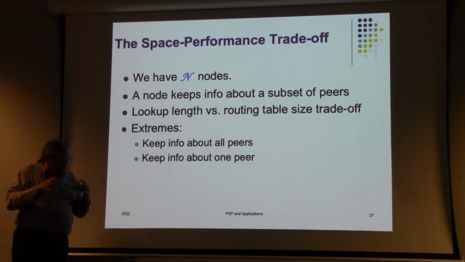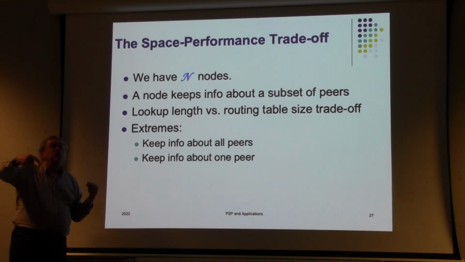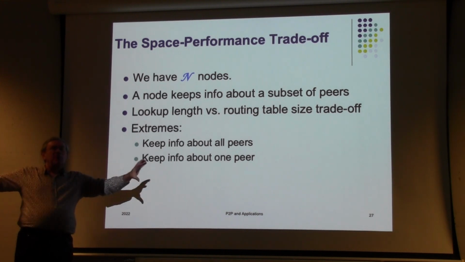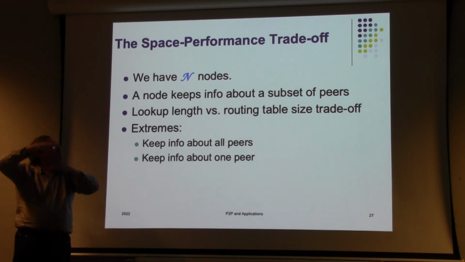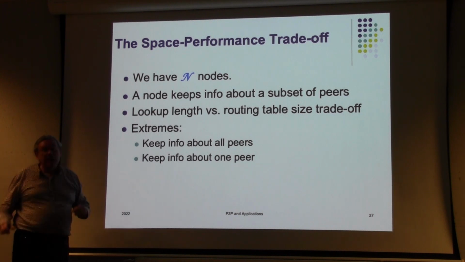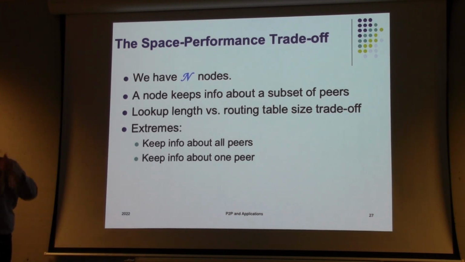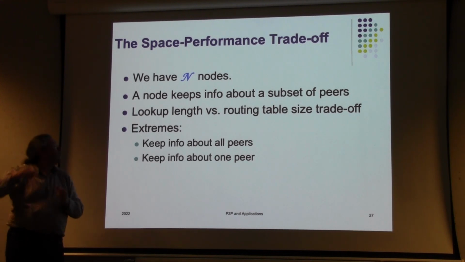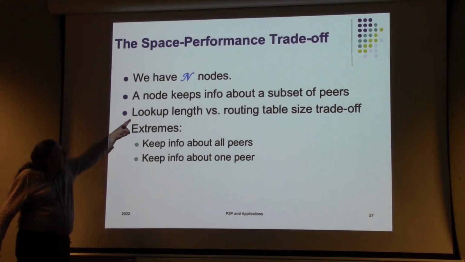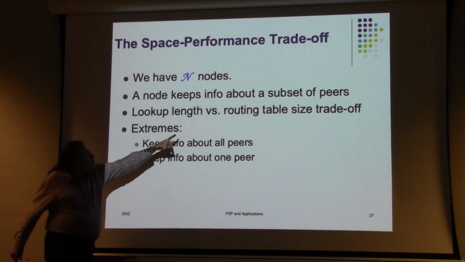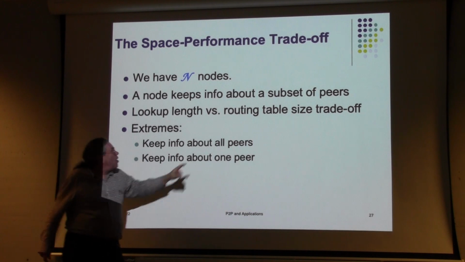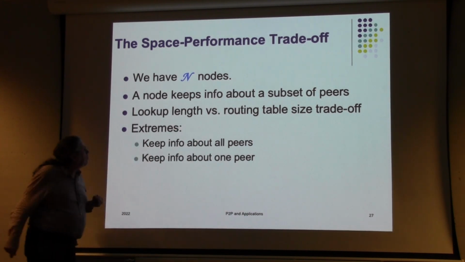And the bigger the routing table is, the less hops we need, because the tree is wider and is not as deep. With binary tree, you have log 2 n, but if you have k is equal to 4, it's log 4 n, less hops. So there's a trade-off. Big routing tables give you short lookup. Small routing tables give you longer lookup.